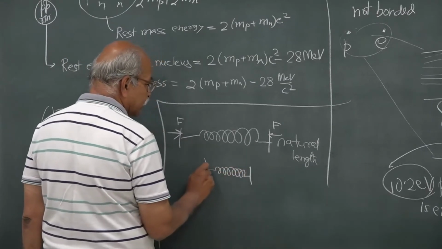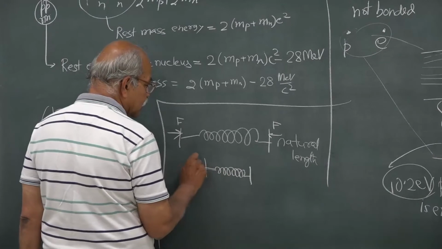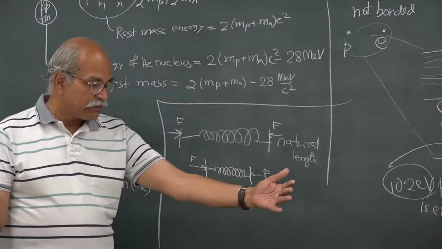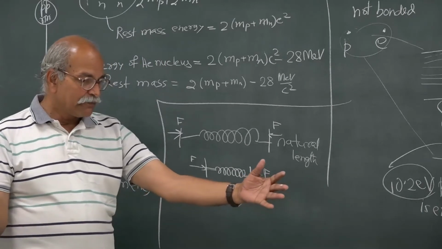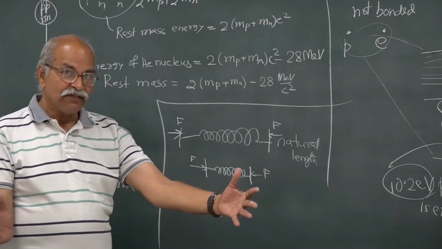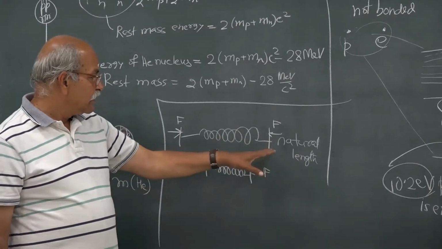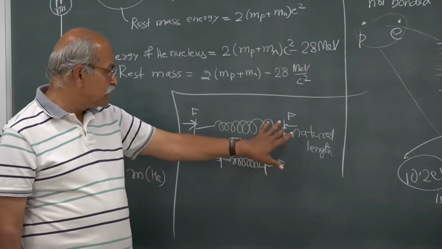So, you apply a force here and a force here, and finally, if you apply a particular amount of force, you will compress it by a particular value. Let us say initially it is at rest.